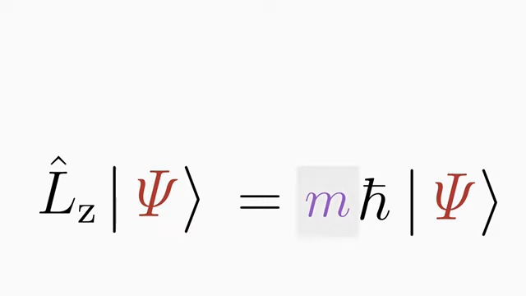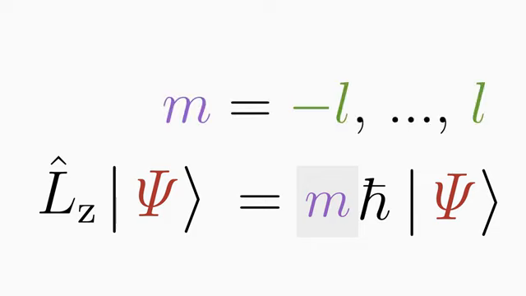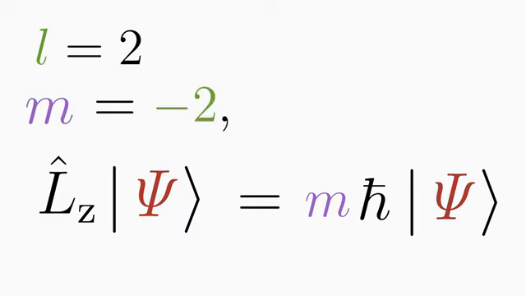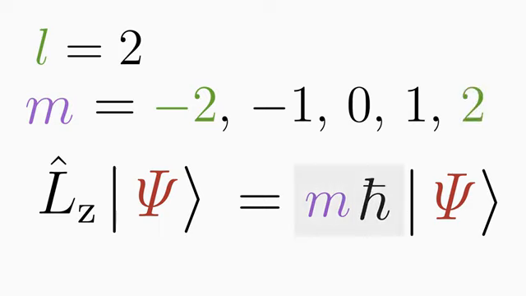The integer m is called the magnetic quantum number, and it can only take values between -L and L in +1 steps. For example, if L is equal to 2, then m can take the values -2, -1, 0, 1, and 2. The Lz angular momentum component is also quantized.